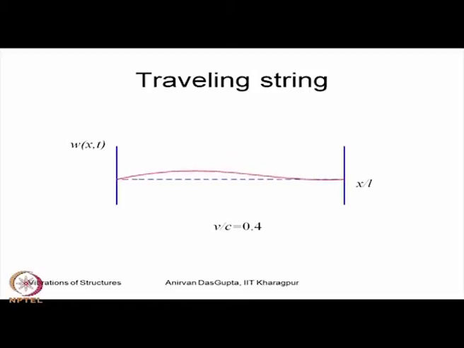So, there is a propagation of disturbance that you can possibly see in this. Then two points of the string neither have a phase difference of 0 nor pi.